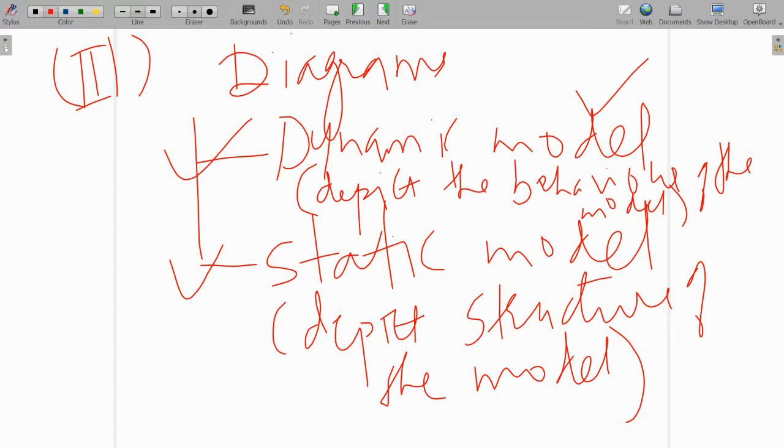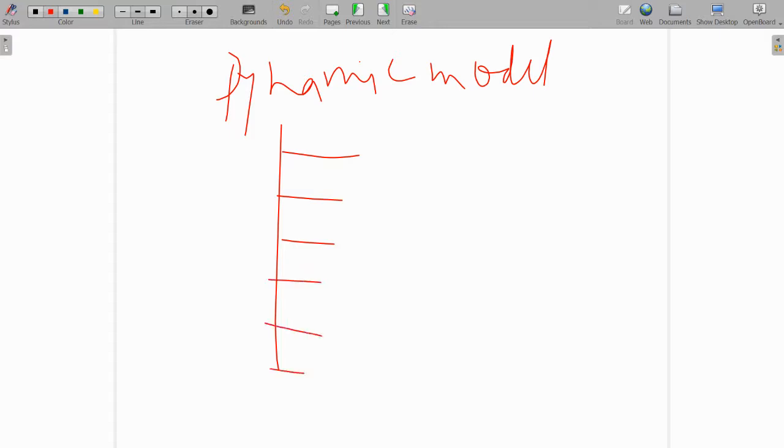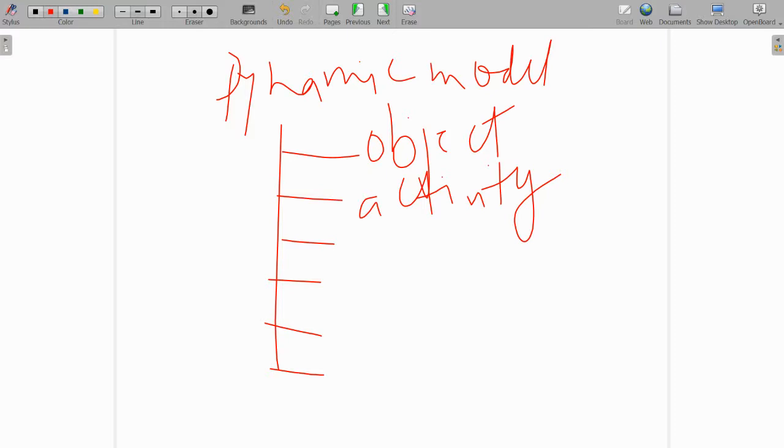Now in the dynamic model, let me write it down, you can also write it down. In the dynamic model there are different types. It can be object, it can be activity, it can be state chart. We will see some examples afterwards.